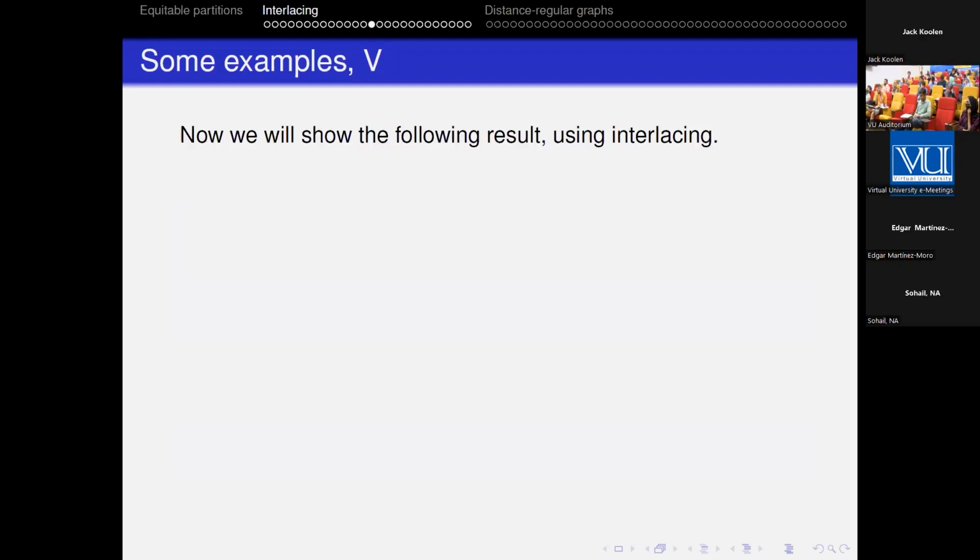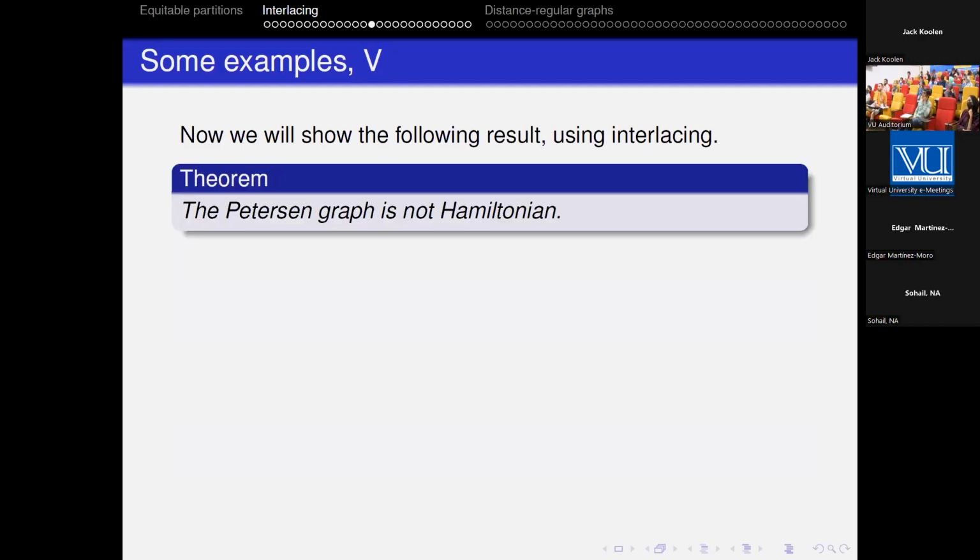Now we will use the following result using interlacing: the Petersen graph is not Hamiltonian. How can you use interlacing to show that?